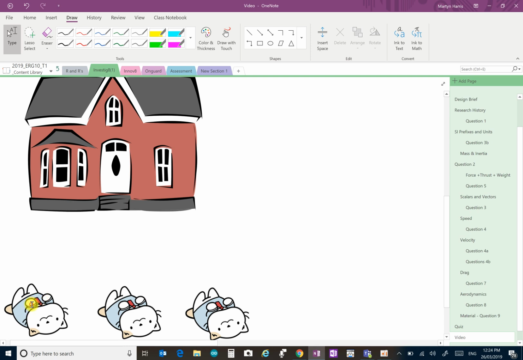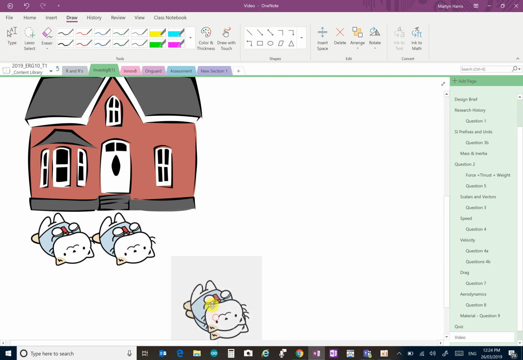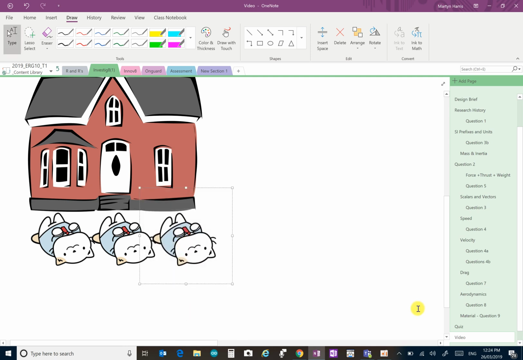So my unit for working out how wide this house is going to be is how many kittens wide this house is, because kittens are really cute and I want to use that. So I drag these up, and I think that this house is, let me just select something, 2 and a half kittens wide.